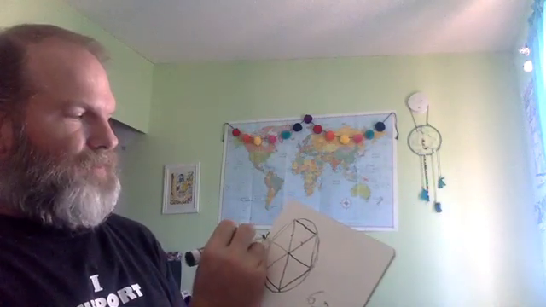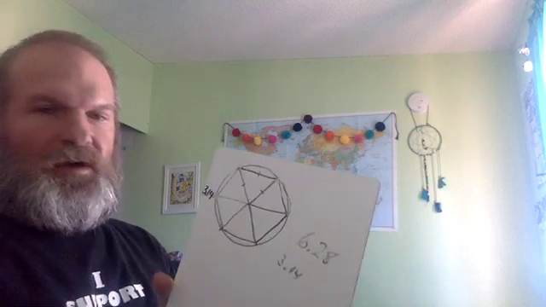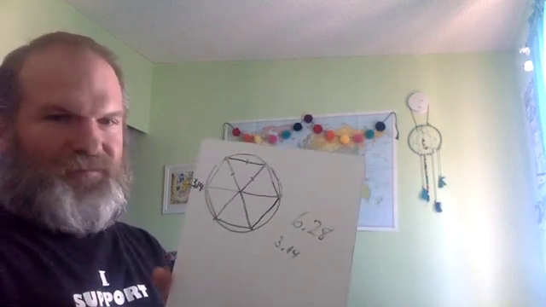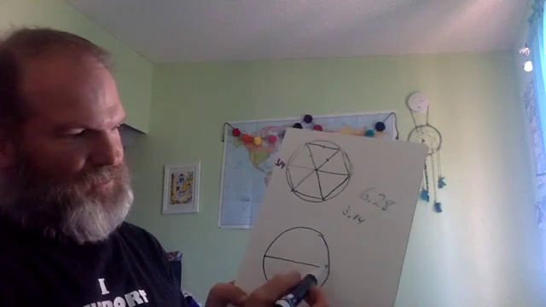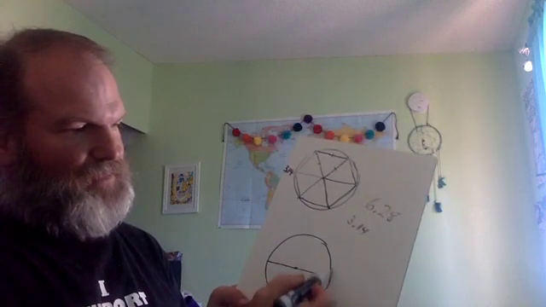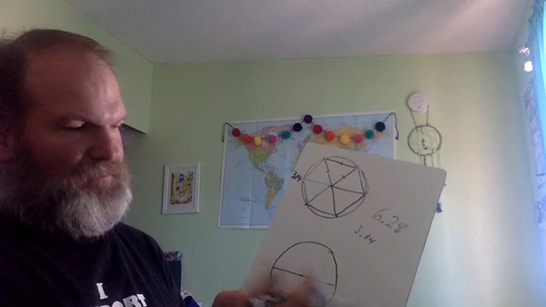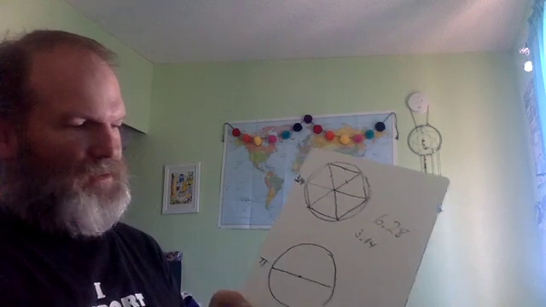All right, back to a better marker here. 3.14, oh nice. But we're not going to use 3.14, we're going to use the symbol pi. So how far is it to get halfway around the circle in terms of the length of the radius? Pi.